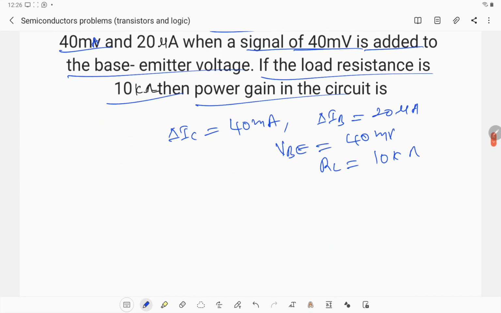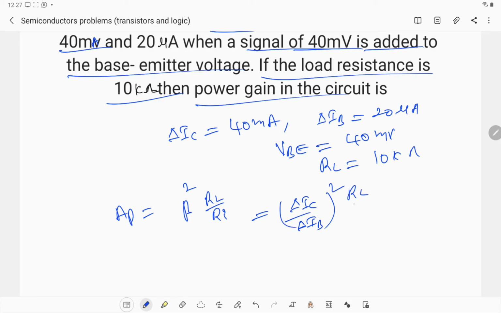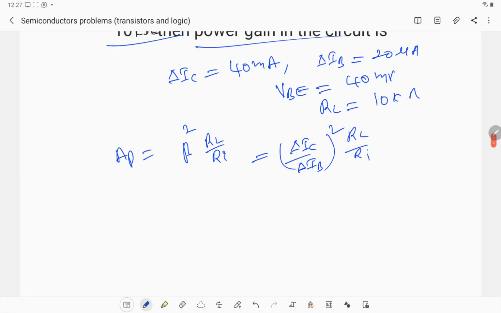find the power gain in the circuit. Power gain is equal to beta square into output resistance by input resistance. This beta is equal to delta IC by delta IB, whole square, into RL by RI.